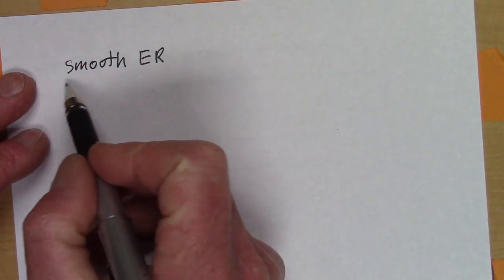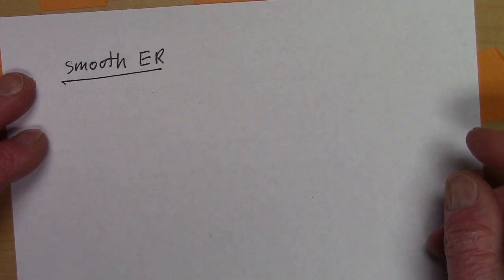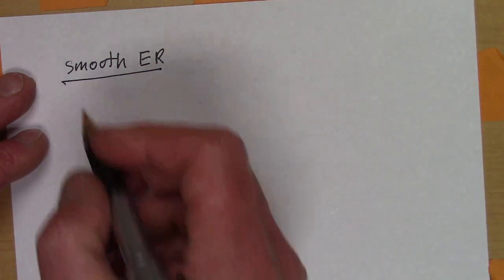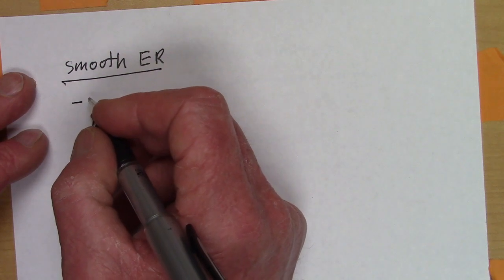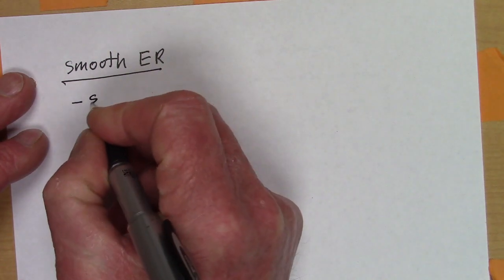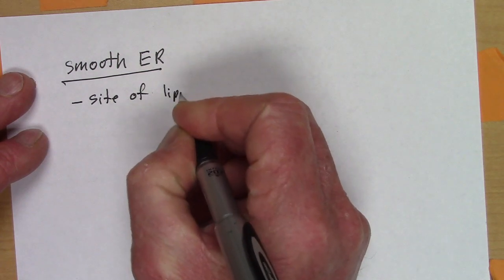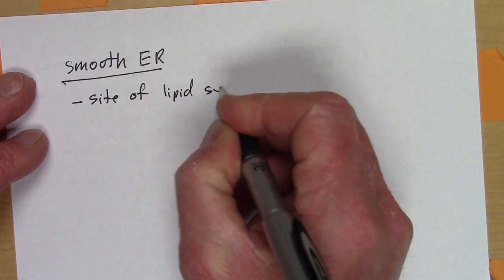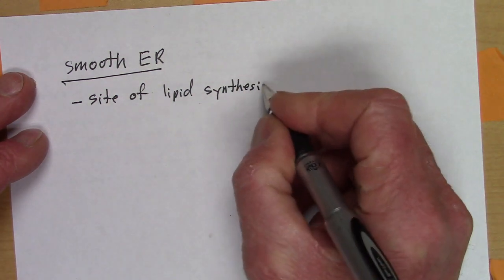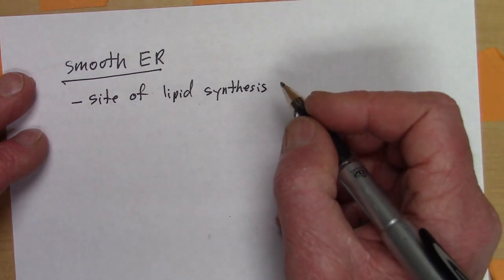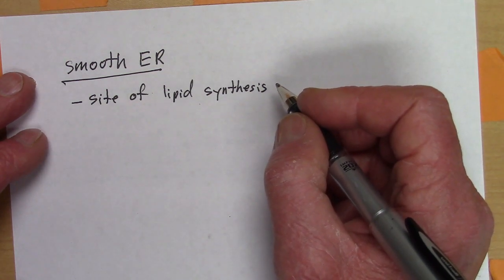These are the structures, and we're just trying to get a basic idea of their function. What do they do? Well, the smooth ER is involved with some lipid synthesis. So it's the site of lipid synthesis. Phospholipids and other lipids are made in the smooth endoplasmic reticulum.